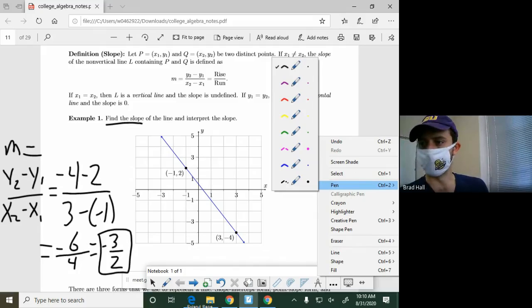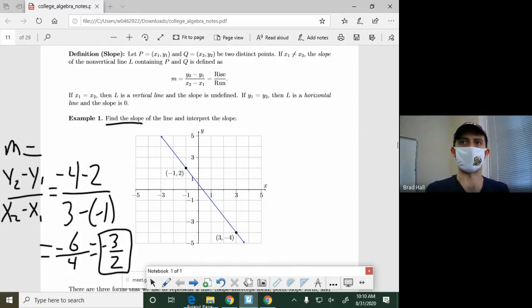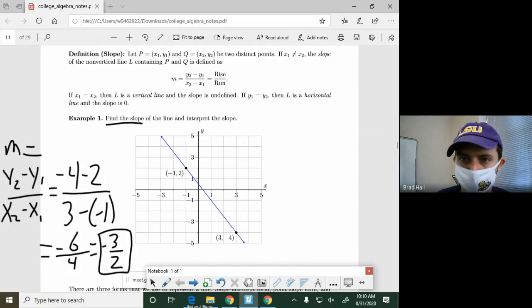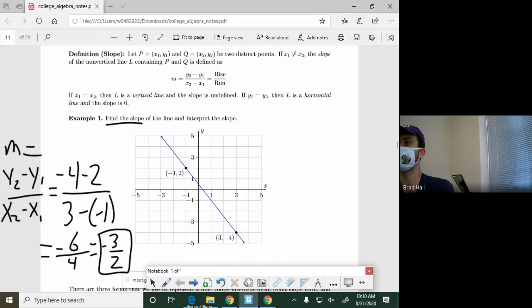And I'll use two colors to represent this, but rise, naturally, that is a vertical shift. So from the left, oh, you have a question? So if there's not a graph, you use rise over run? If there's not a graph, you use the y2 minus y1 stuff.